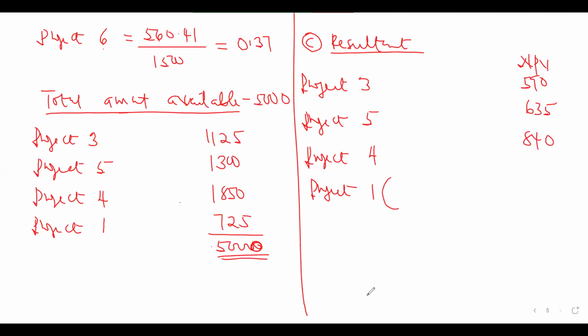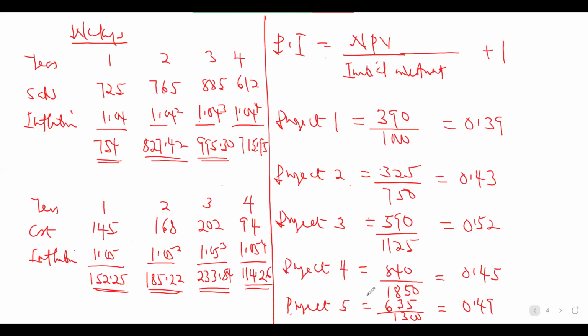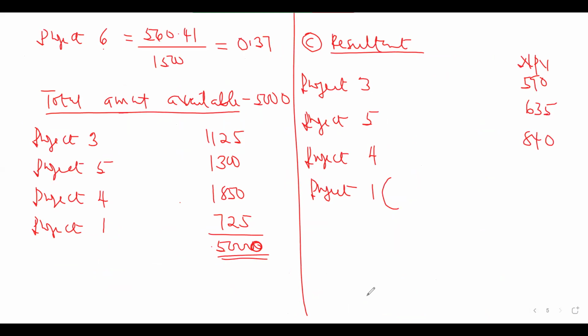Okay, project 1. How do we get project 1 now? How much are we using to get the 390? It's $1,000. But what is the portion of the investment that we are undertaking? We are using only 725.